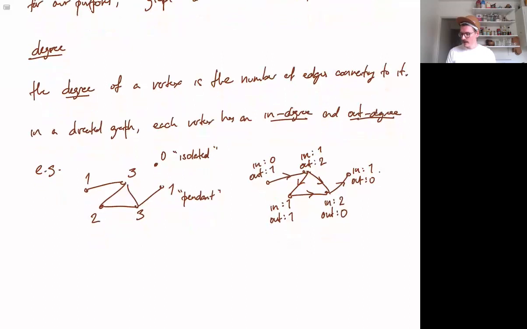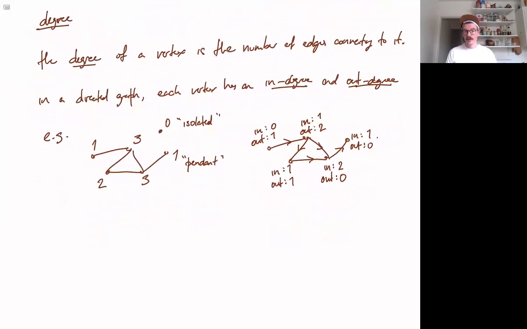So that is the definition of the degree of a vertex. And there are some basic properties that the degrees of vertices must satisfy.